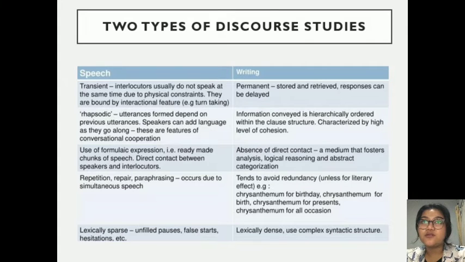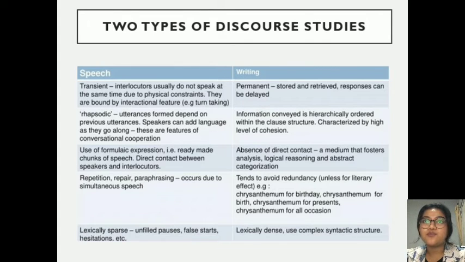The written discourse project is permanent, which means stored and retrieved. The responses can be delayed. Information conveyed is hierarchically ordered within the clause structure. It is characterized by a high level of cohesion.